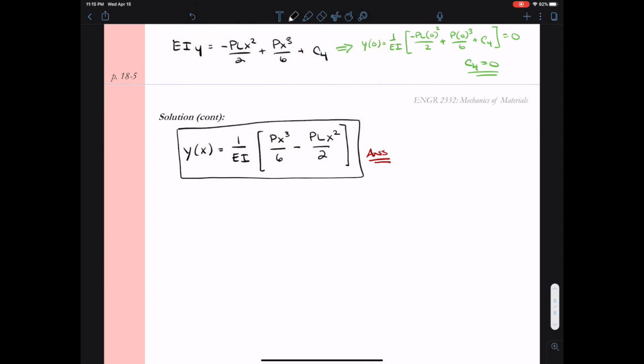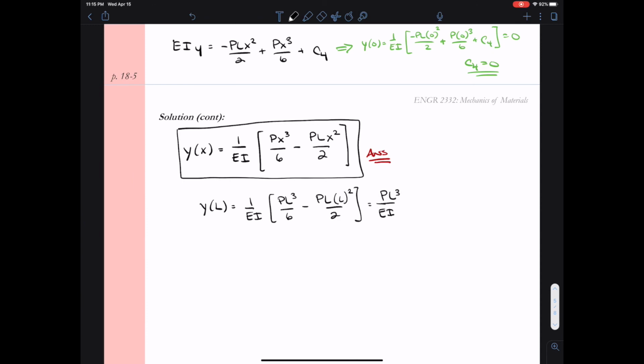Now, this particular problem asked us to solve for the deflection at the tip of the cantilever, so at the far right end. So that is at a value of x equal to L. So if I plug in y of L into this equation, I now have y of L equals 1 over EI times the quantity of PL cubed over 6 minus PL times L squared over 2.